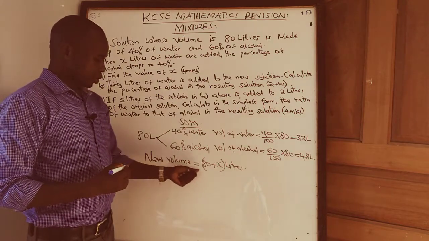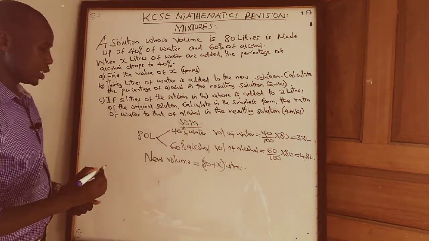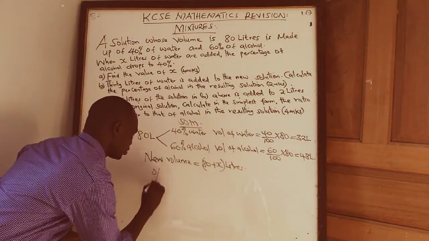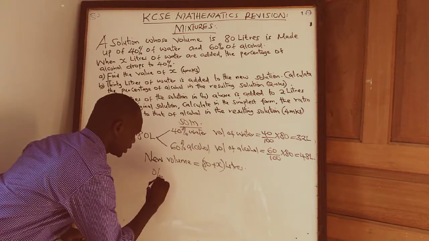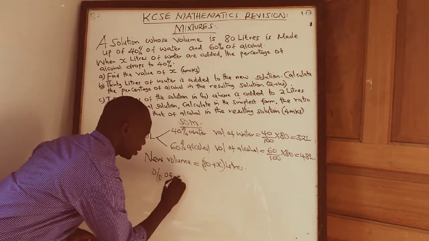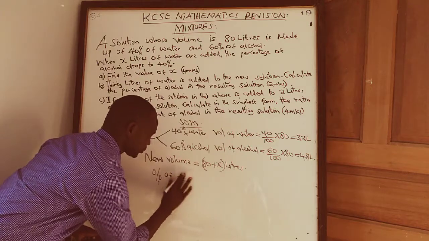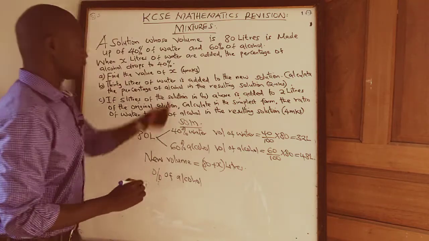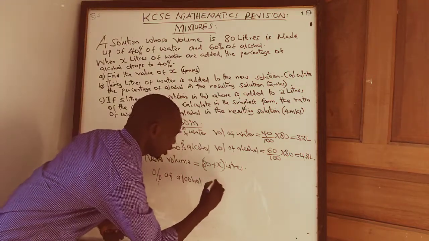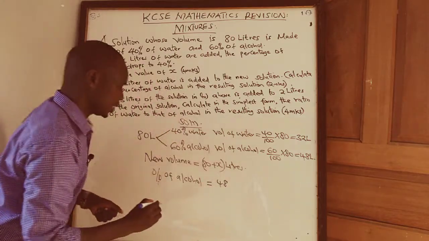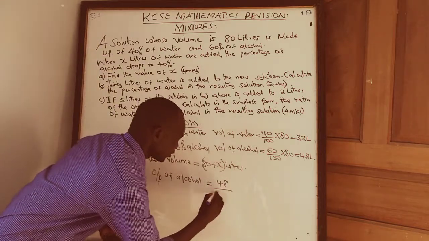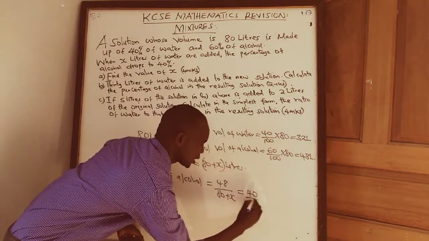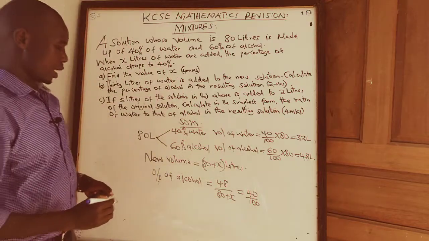And the new volume of the solution is 80 plus X. And therefore, the new percentage of alcohol, which is now at 40%, will be equal to the volume of alcohol, 48, out of the new volume of the solution, which is 80 plus X, and this will give us 40%, or simply 40 out of 100.